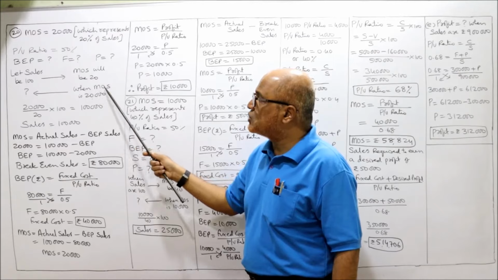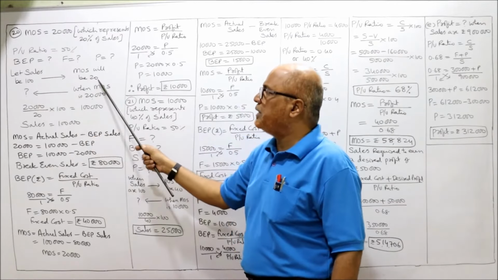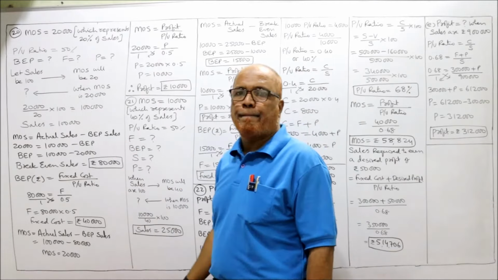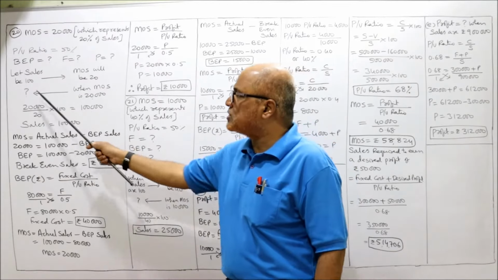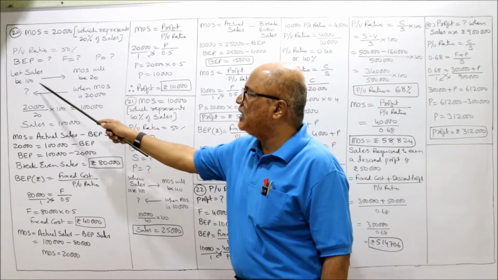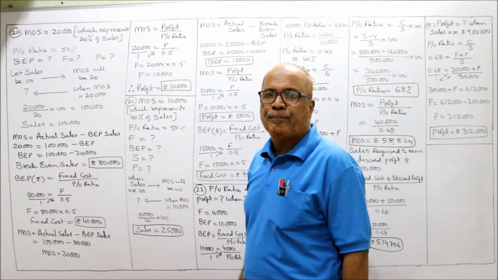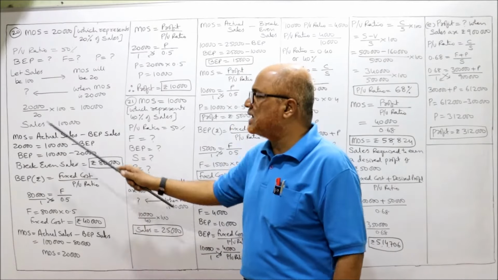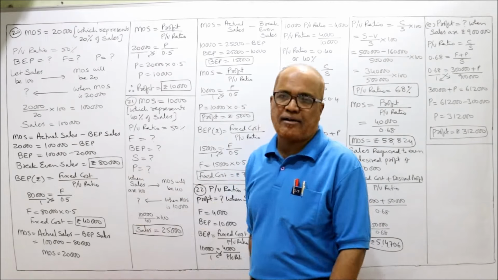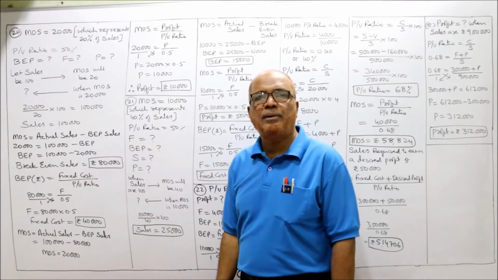When MOS is 20,000, how much would be the sales? Now divide 20,000 by 20 into 100, which is 1 lakh. So we got the information: the actual sales are 1 lakh. Now the first question: we have to find out the BEP.